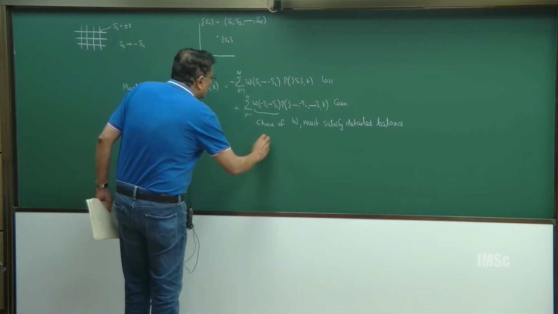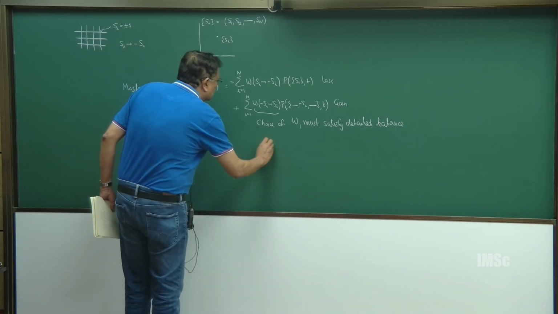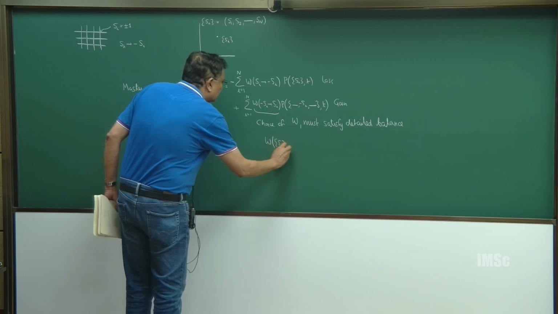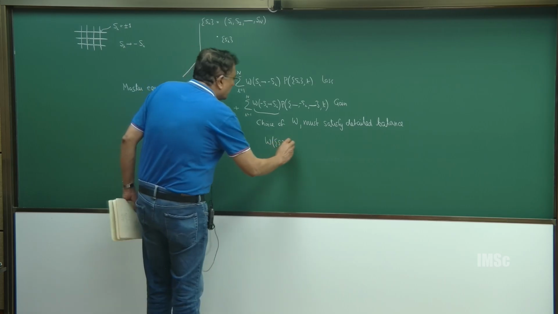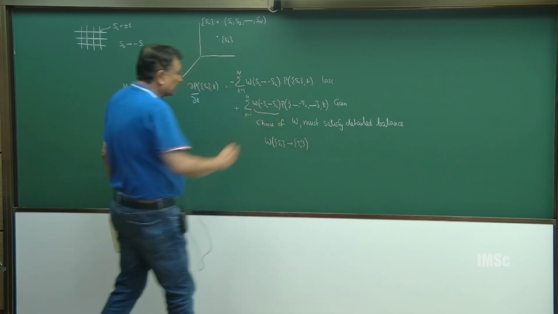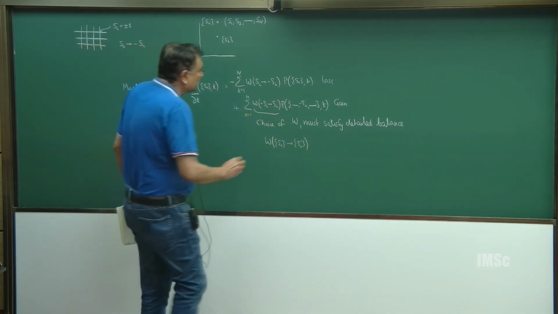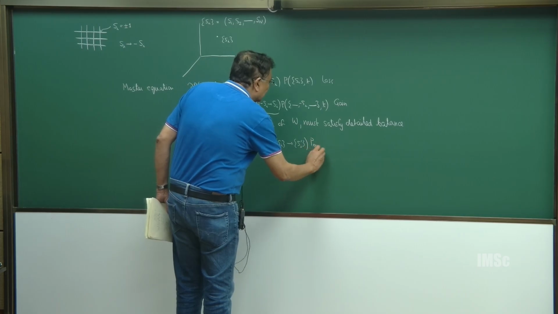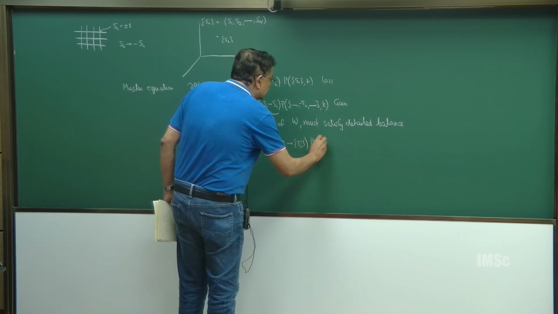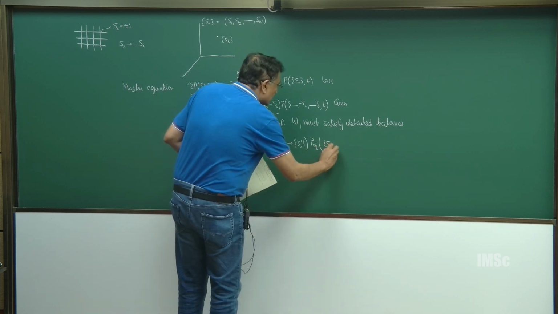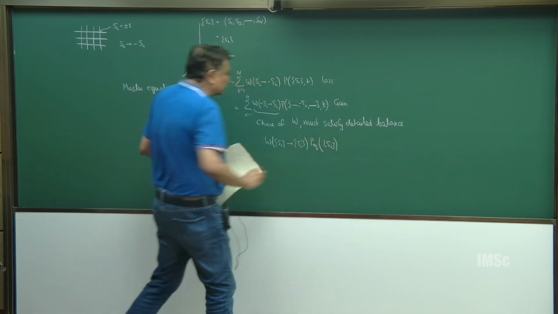So basically, the transition probability from a configuration Si to a configuration Si prime, times the equilibrium probability of being in the state Si. So that's the left hand side.